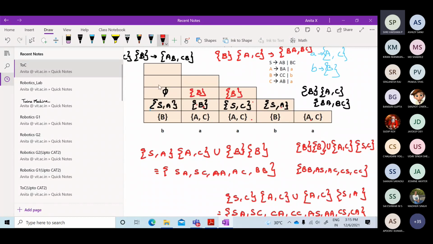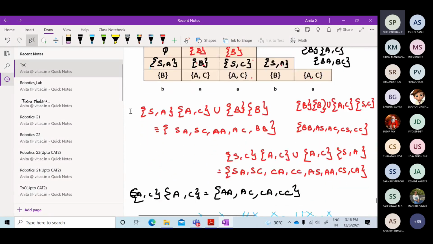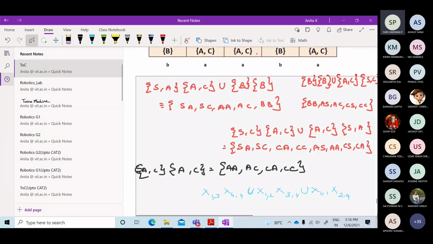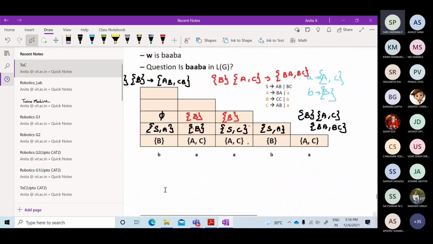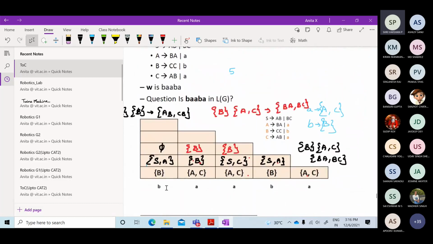Now I have to fill this block. In order to fill this block, what are the blocks dependent on? Just wait, let me move this down. If I want to fill this, then I'm going to depend upon these and this one, this one, this one.